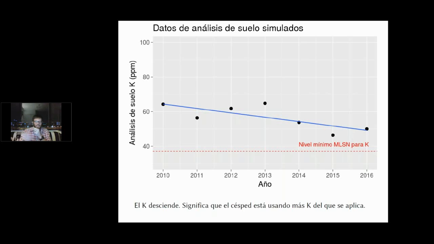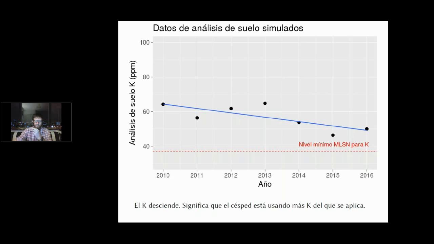So in this kind of case, we can say the soil test level of potassium is going down. So you would check this for every nutrient, but as the soil test is going down, that means the grass is using more than is being supplied, and at some point, if you don't supply more, you might run out.